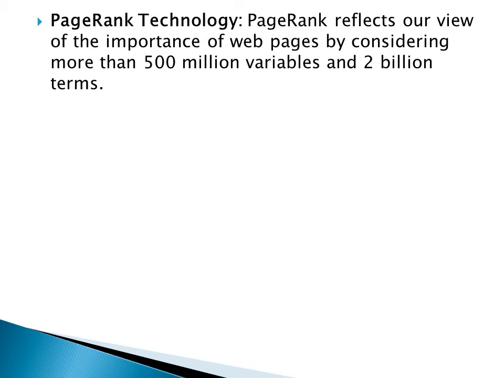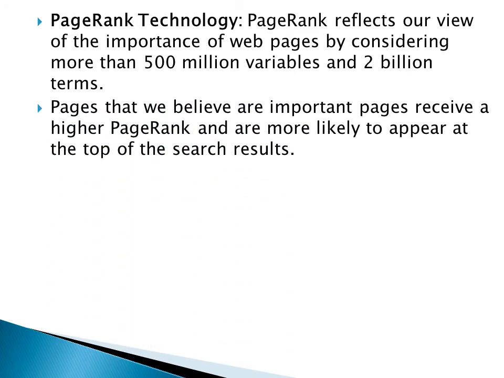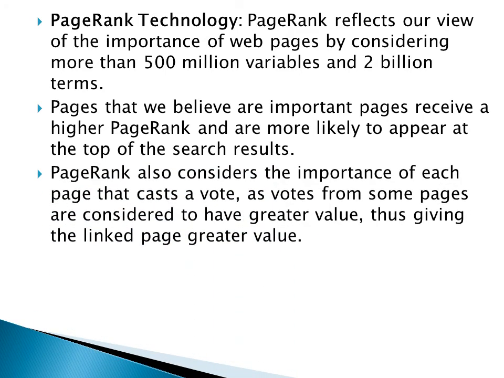PageRank reflects our view of the importance of web pages by considering more than 500 million variables and 2 billion terms. Pages that we, that is Google, believe are more important pages receive a higher rank and are more likely to appear at the top of search results.